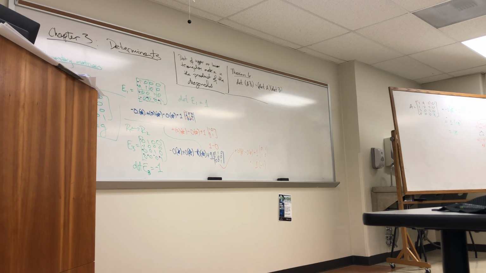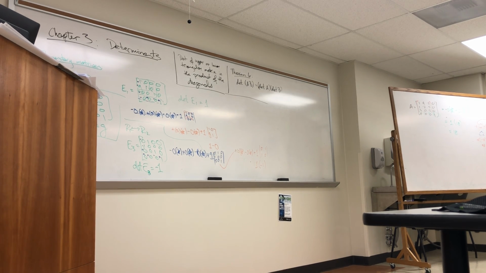By the way, the stuff on the elementary matrices is theorem 3 in your book, and theorem 4 is something about the invertible stuff, which we won't worry about because it'll come out in the next big theorem, the invertible matrix theorem.